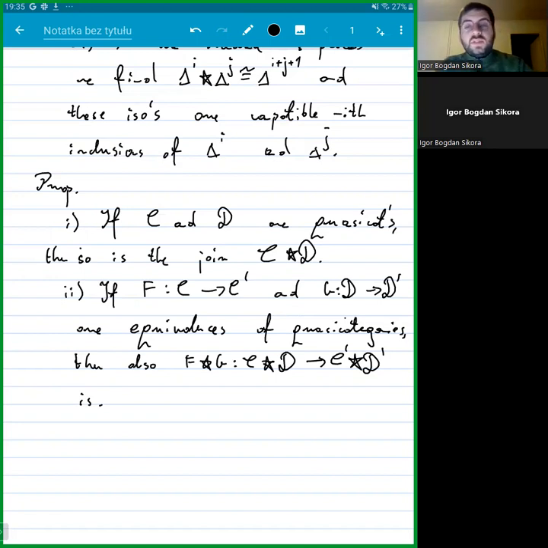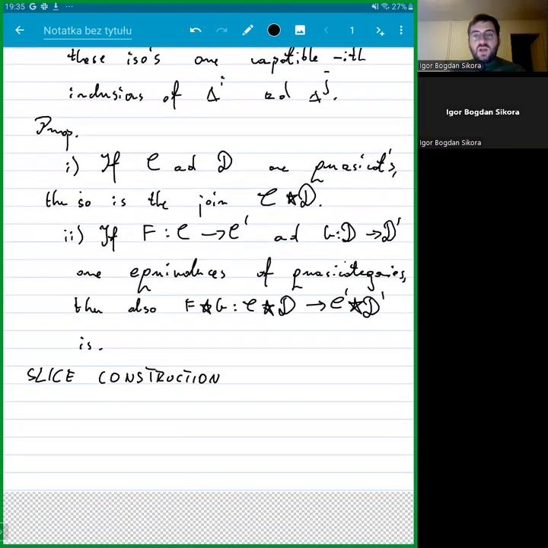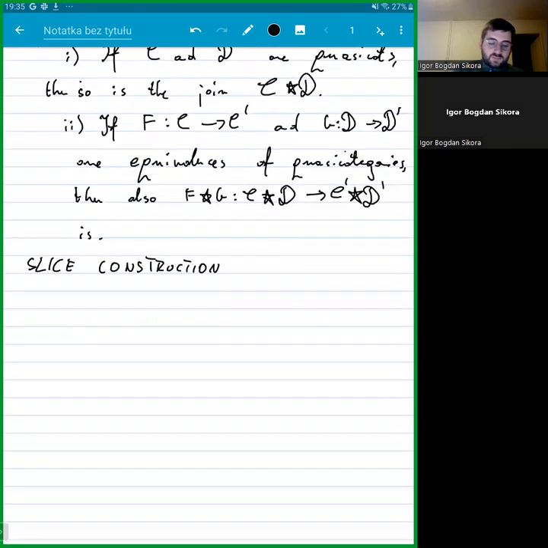Okay, and the first thing for which we are going to use a join construction is the slice construction. So in the usual category theory, what is happening?